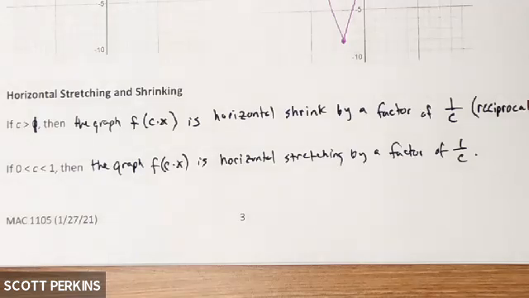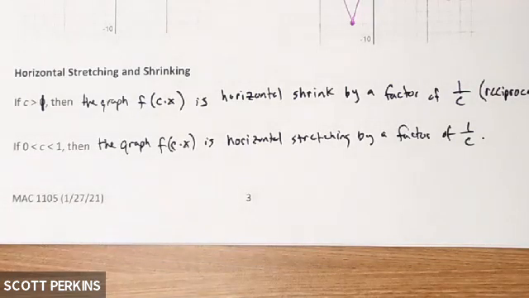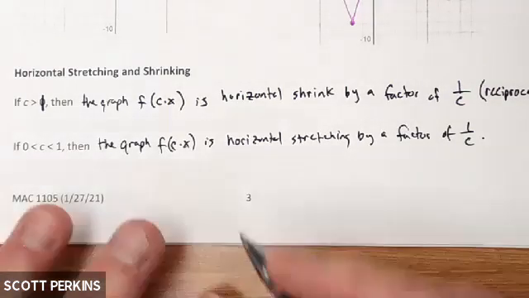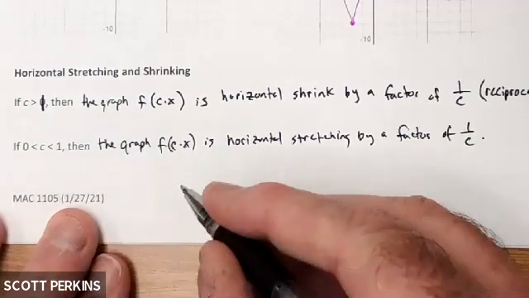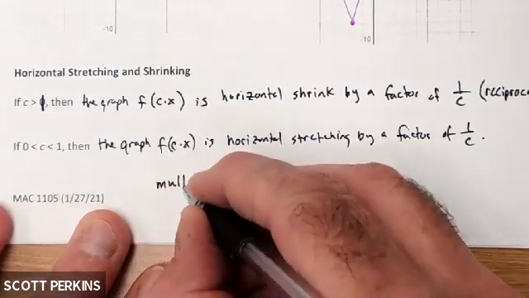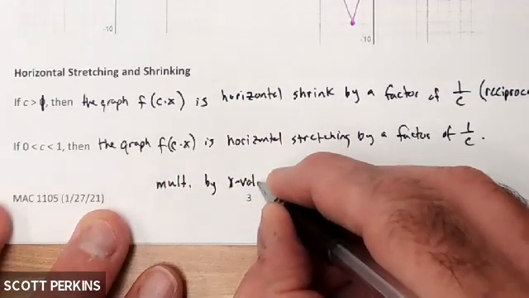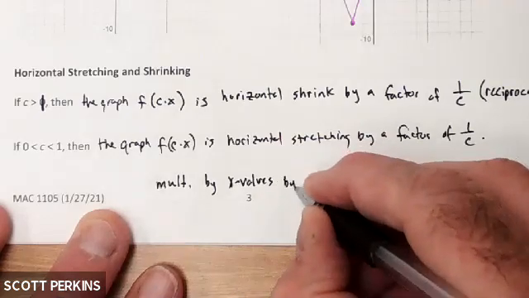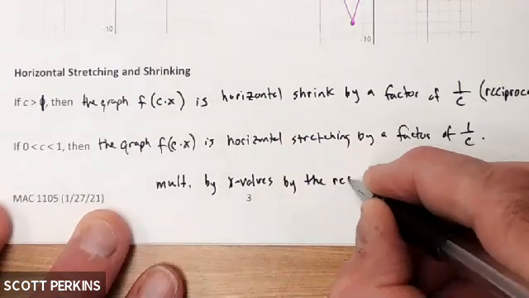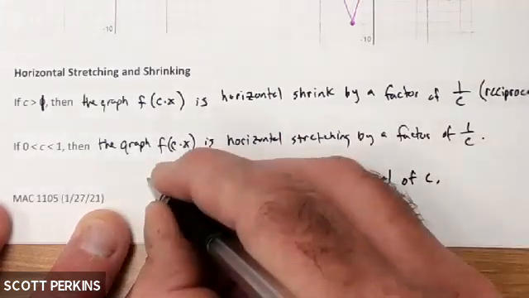And while you're still writing that, I'm just going to summarize this in hopefully a way that'll make this easier for you to remember and carry along with you. Basically, to sum it up, all you're going to do is multiply your x values by the reciprocal of c, whatever it is.